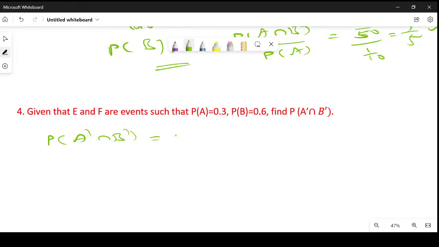Because this will be P of (A union B) whole dash, 1 minus P of A union B. But they are only given E and F, so something is missing here. I can write E and F are two independent events. No, they mention A and B, not E and F. Oh, this is A and B, here this is a mistake.